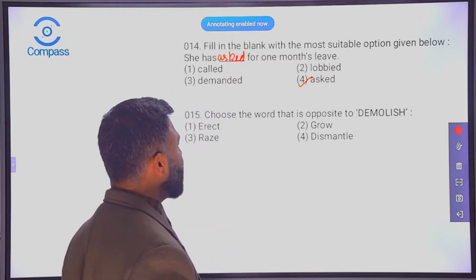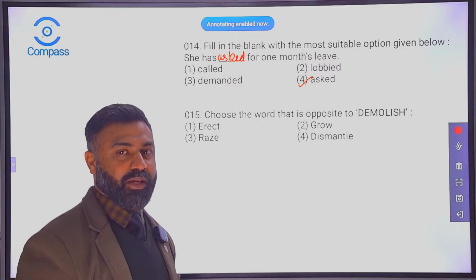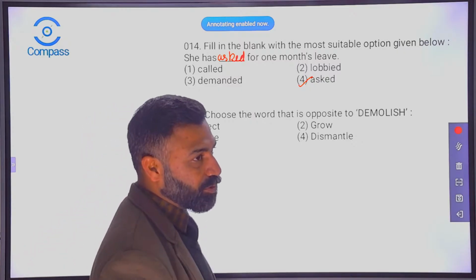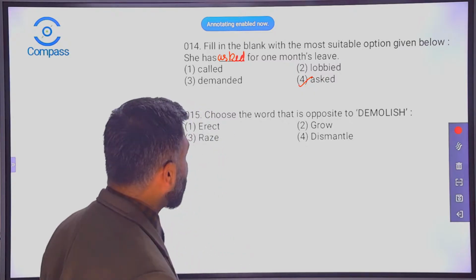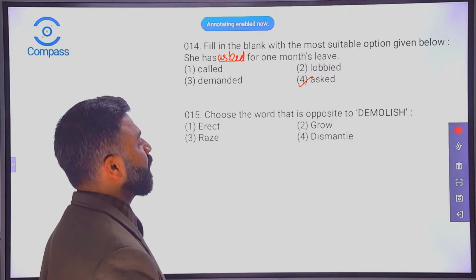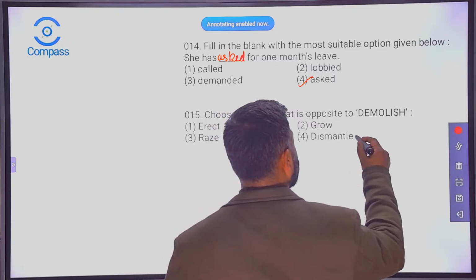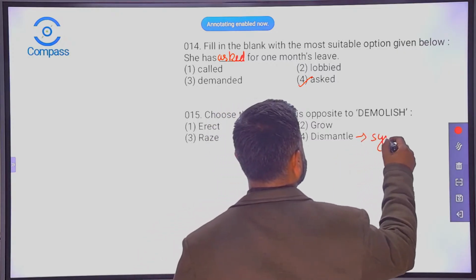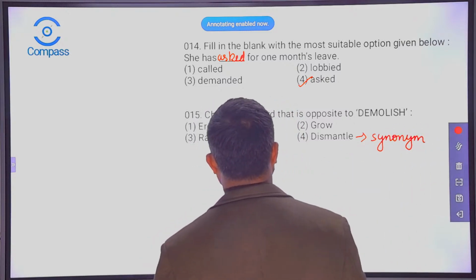Okay, question number 15. Choose the word that is opposite to demolish. Okay, opposite to demolish. Demolish means to destruct something, all right? To bring down something. So opposite to demolish. What do you think? So dismantle is actually a synonym. Okay.